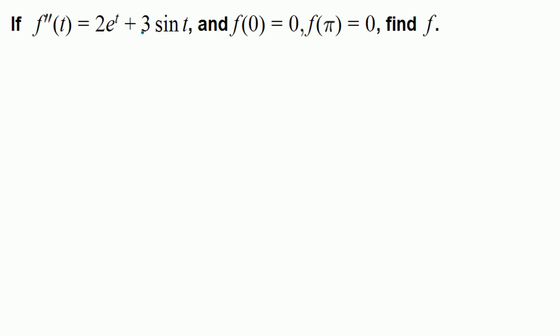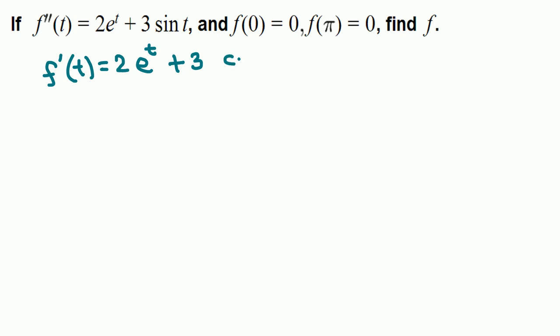We want to take the antiderivative of this function to get the first derivative. So f prime of t equals 2e^t, since the derivative of e^t is itself, plus 3 times sin t. Give me a function whose derivative is sin t.